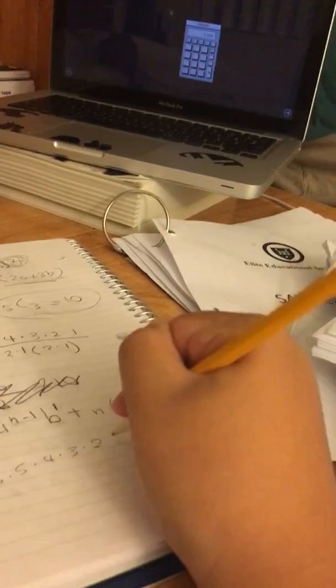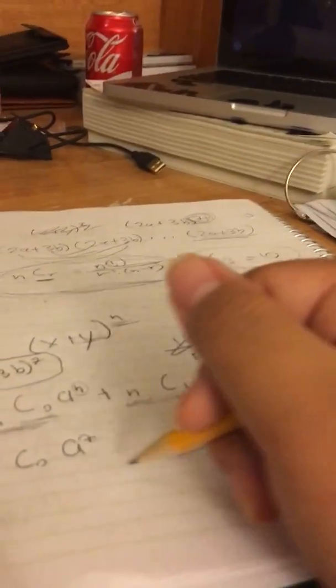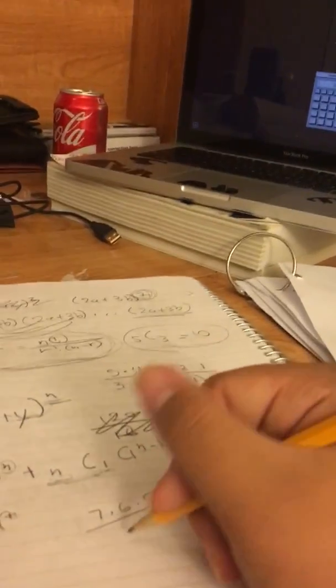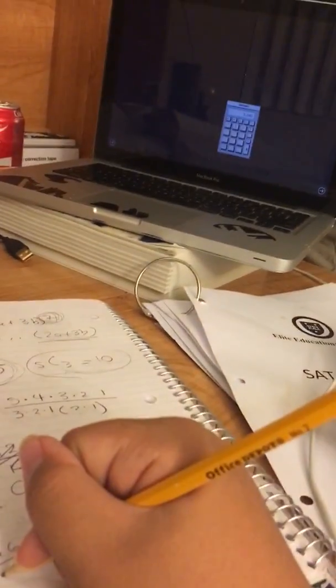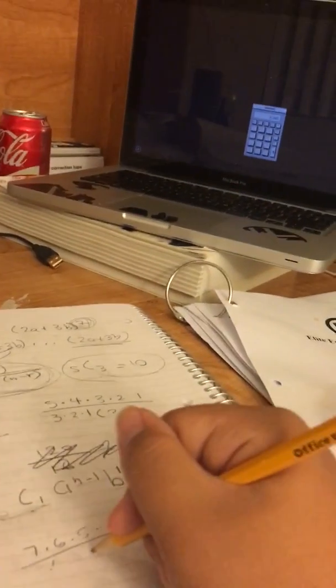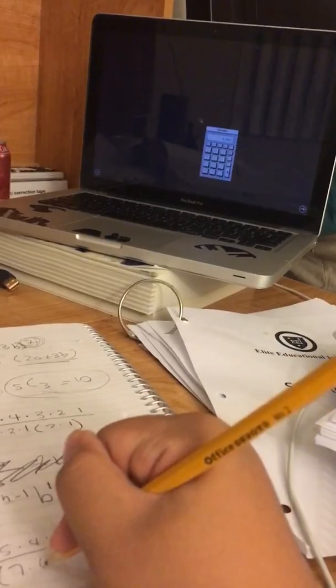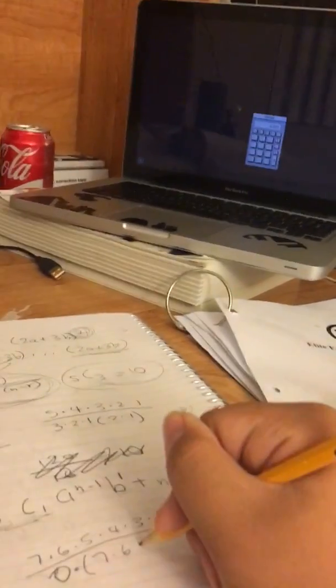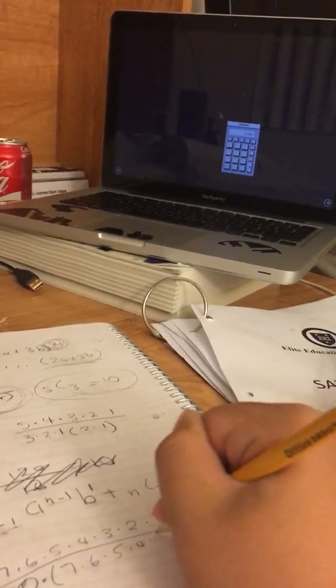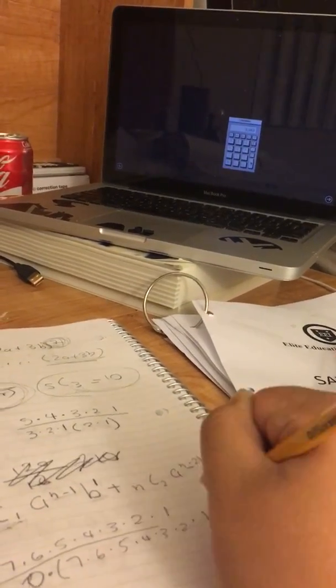We're going to go 7 times 6 times 5 times 4 times 3 times 2 times 1, over 0 factorial, which is nothing basically, multiplied by (7 minus 0) factorial, which is 7 times 6 times 5 times 4 times 3 times 2 times 1.